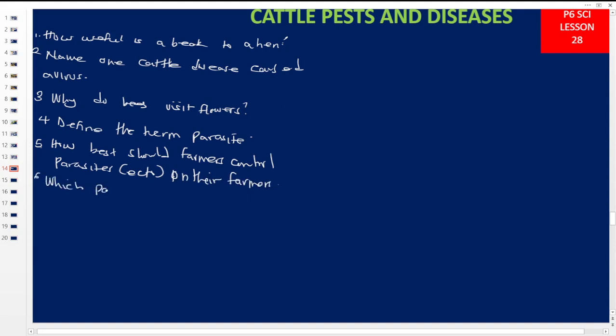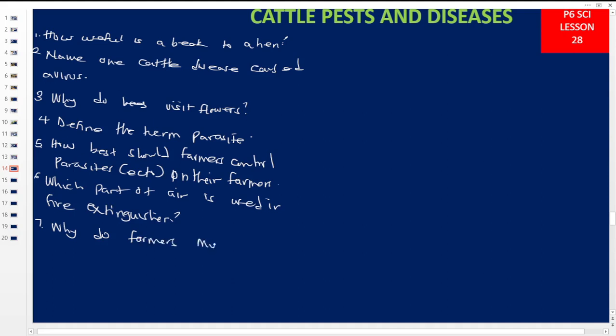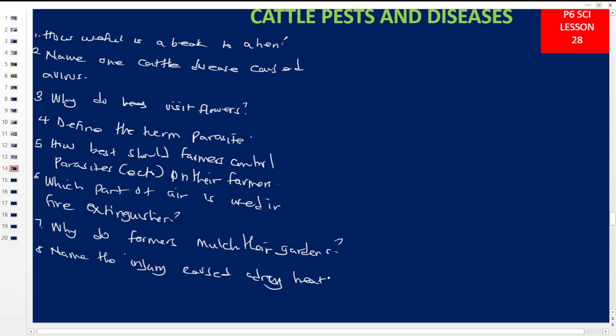Number 6. Which part of air is used in a fire extinguisher? Number 7. Why do farmers mulch their gardens? Number 8. Name the injury caused by dry heat.